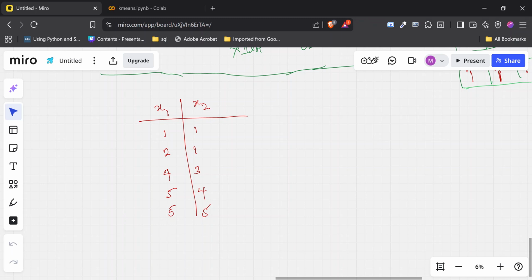So how does K-means work? Let's say we want to apply K-means for clustering this data set here. Let's come here and have steps. Step one is going to be to choose the number of k, that is, the number of clusters that you want to have.